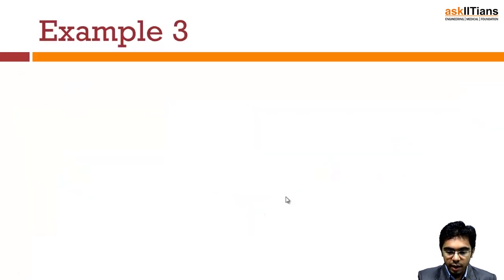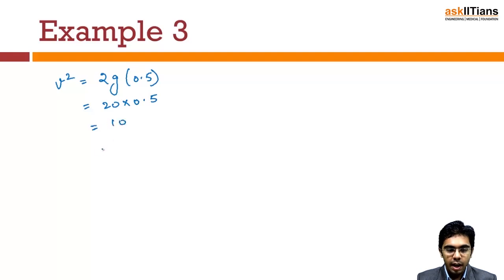The m and m get cancelled, so we get v squared is equal to 2g times 0.5. This comes out to be 20 into 0.5, which is 10, and v is under root 10 meters per second.